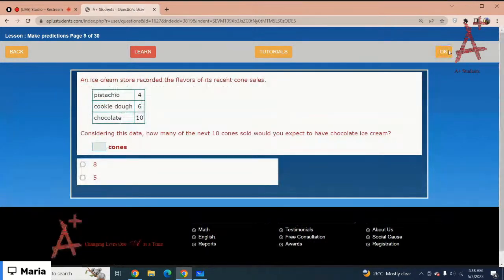An ice cream store recorded the flavors of its recent cone sales. Considering the data, how many of the next 10 cones sold would you expect to have chocolate ice cream? Because chocolate ice cream is selling more than the other ones. You can see the given data: chocolate ice cream sold 10 times, cookie dough 6, and pistachio 4. That means if the next 10 cones are sold, 8 would be chocolate ice cream. Got it?